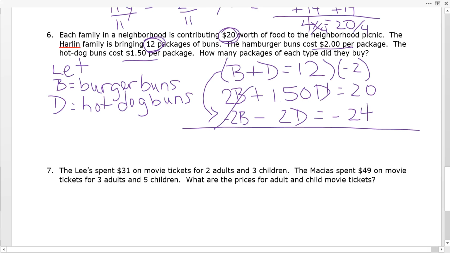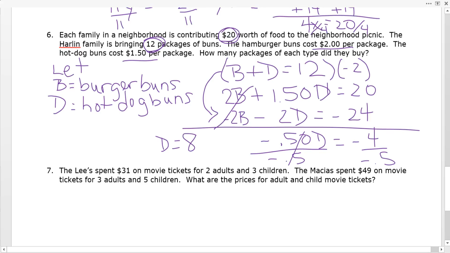So I have 1.50 minus 2, so that's going to be negative 0.5, negative 1/2 d equals negative 4. And if I divide by negative 0.5, it's like dividing by half, which is like multiplying times 2. Then I end up with D, which is hot dog buns, equals 8 packages.